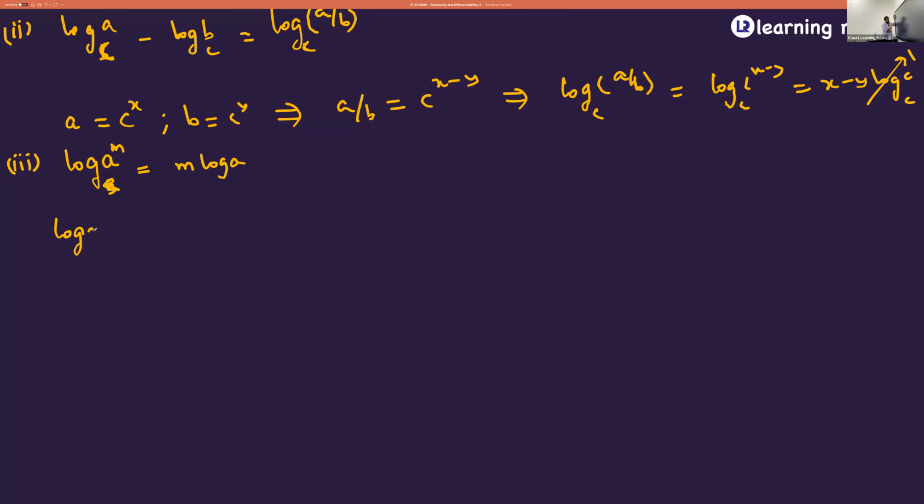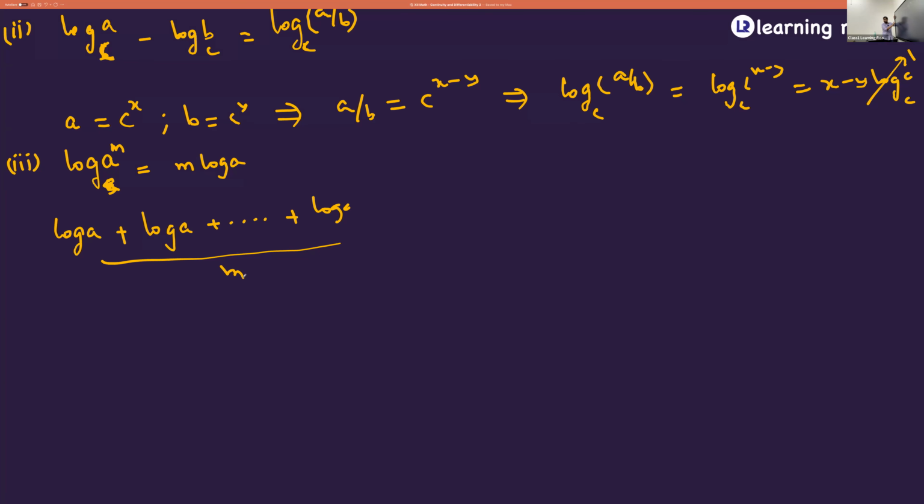If I add log a to itself m times, whenever you are adding the logarithms, what is happening to the values inside it? It's getting multiplied. See, for example, log a plus log b came out to be log ab. So log a plus log a will be log a square.